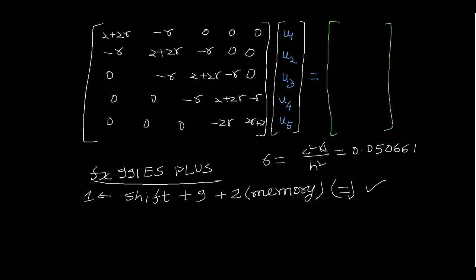Now in the calculator, we will write 0.050661 into A, and how do we get A? Just compute alpha and A. There is a key called alpha, plus the minus sign.